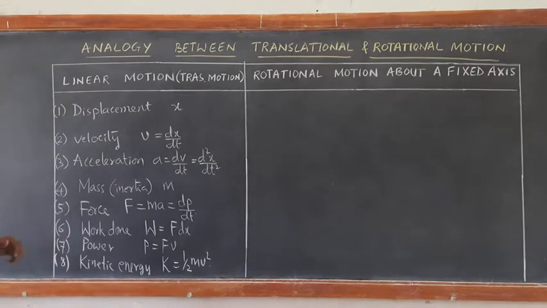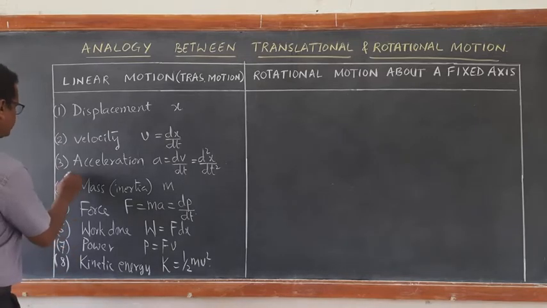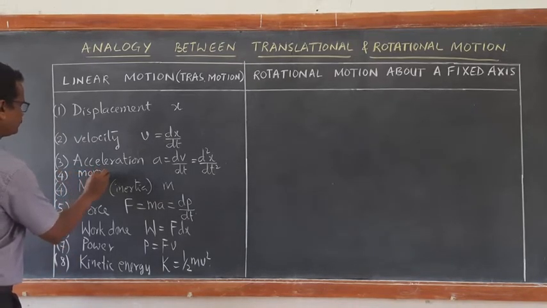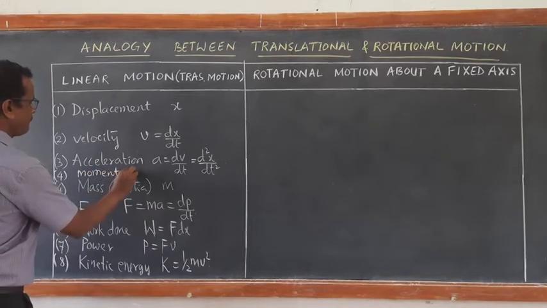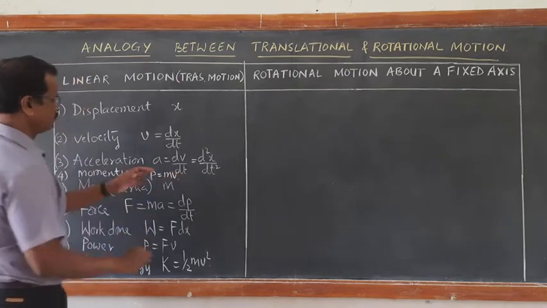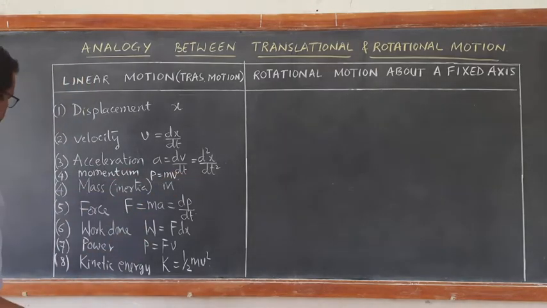And one more thing is momentum. You can write here, fourth one, linear momentum, P equal to mv, mass into velocity, right?